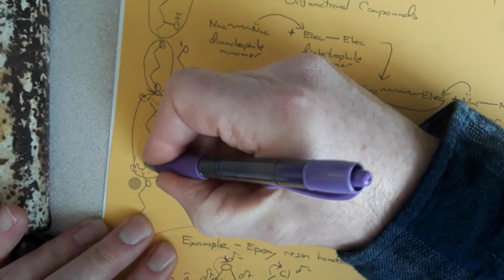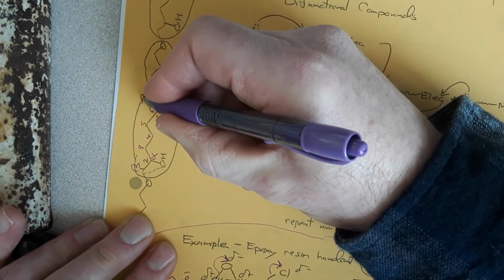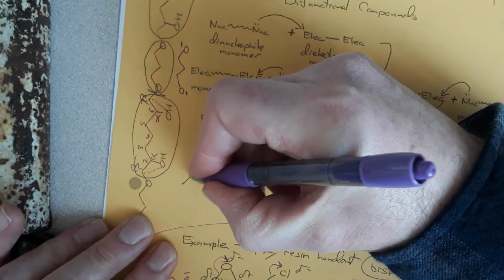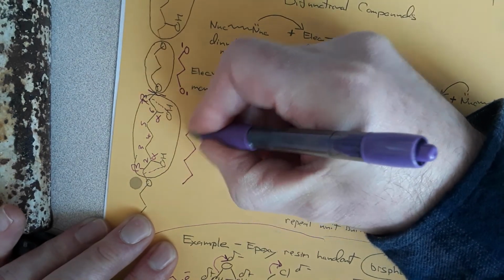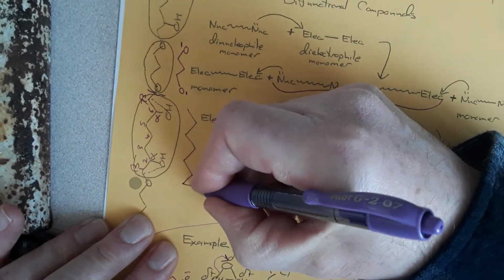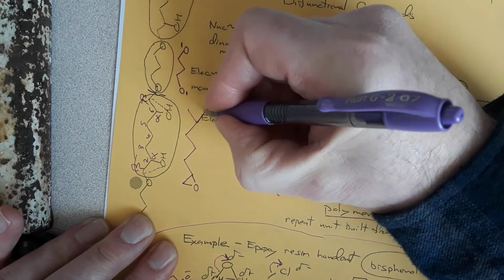So 1, 2, 3, 4, 5, 6, 7. So the dielectrophile originally was 7 carbons long. And between carbons 1 and 2, there used to be an epoxide, and between carbons 6 and 7, there used to be an epoxide.